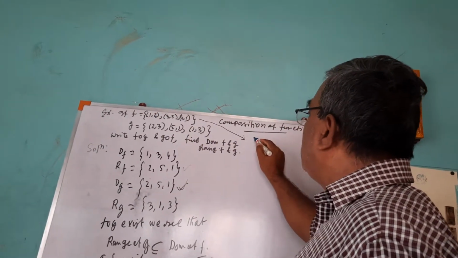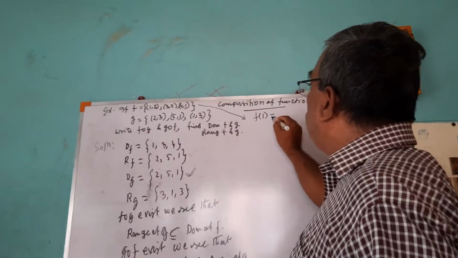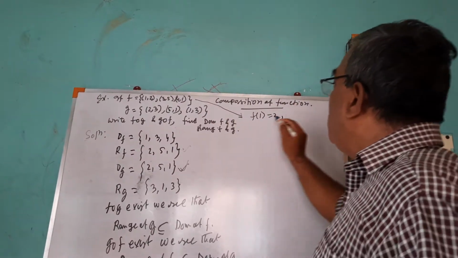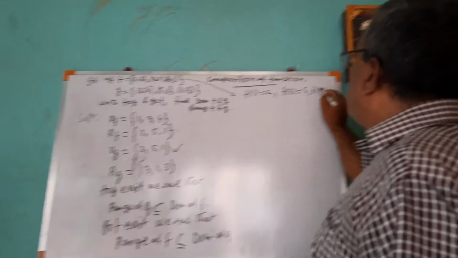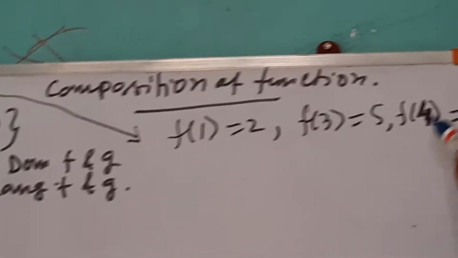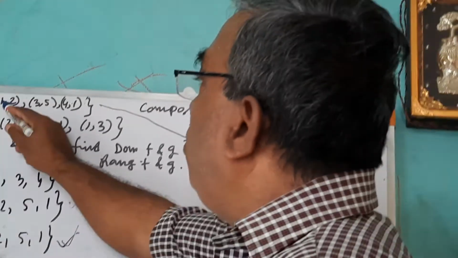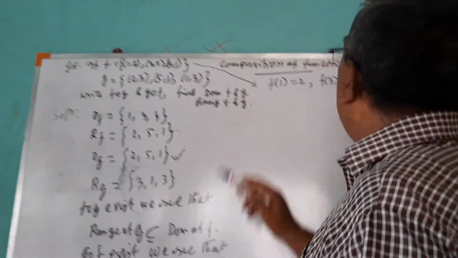This function says that F(1) is 2, F(3) value is 5, and F(4) value is 1. This is 4, be careful. So F(1) equals 2, F(3) equals 5, F(4) equals 1.